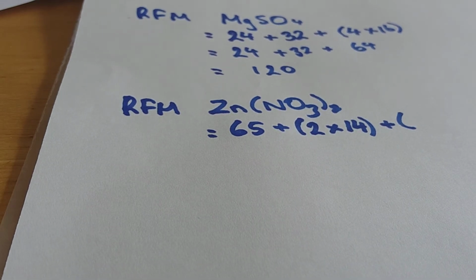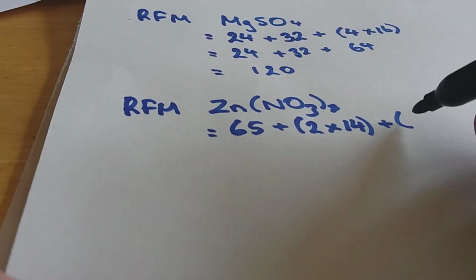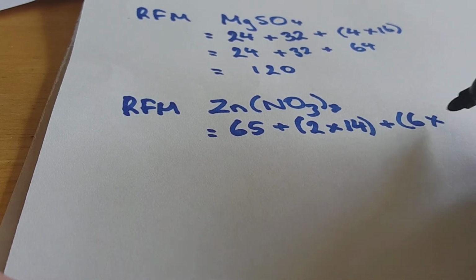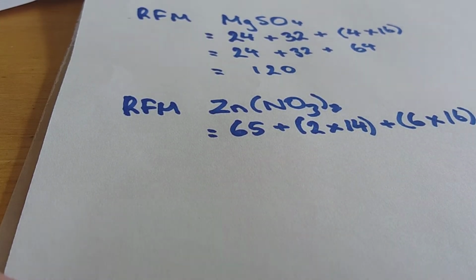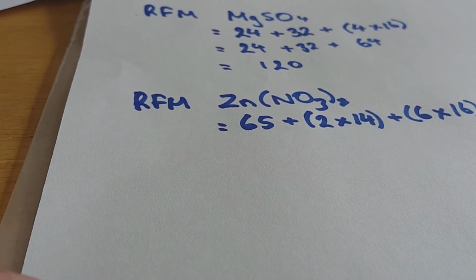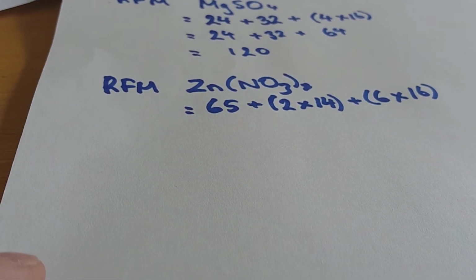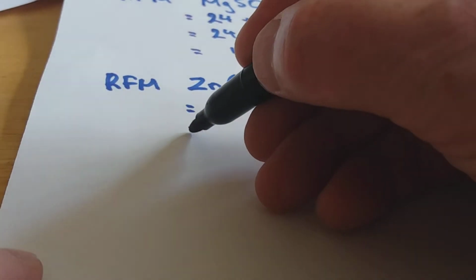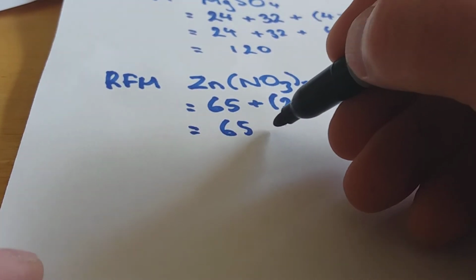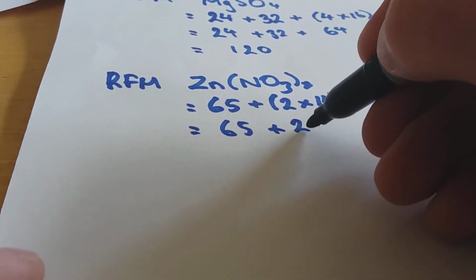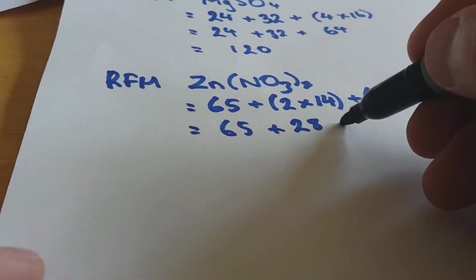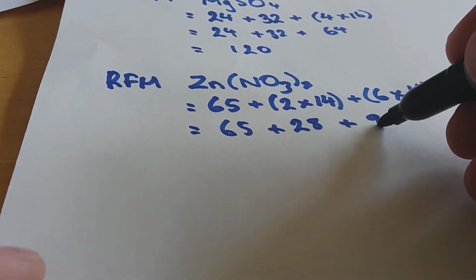Now, the mistake people make is they add 2 and 3. This is not an addition, it's a multiply. So 2 times 3 is 6. So 6 times 16. Once you realise that, it becomes fairly straightforward. So 65 plus 2 14s are 28, plus 6 16s are 96.